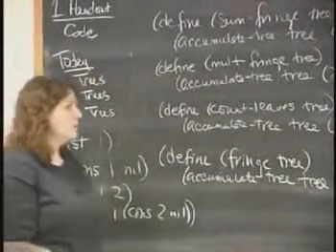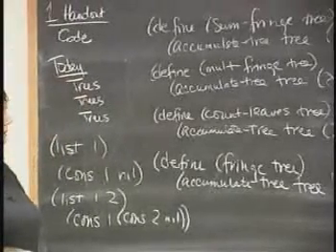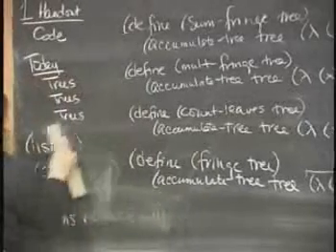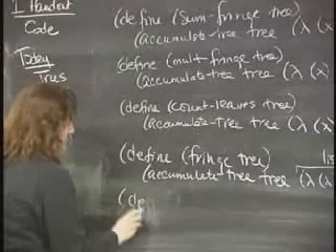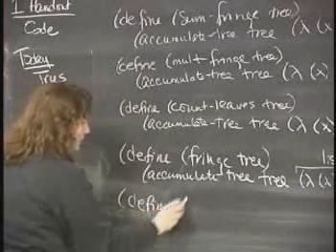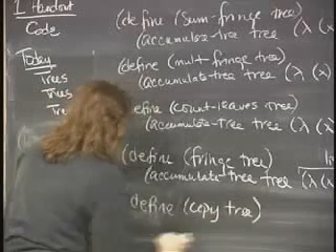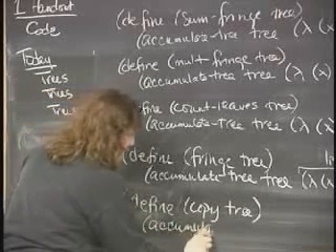Why could this not have been written with the term being lambda x x and the combiner being cons? Okay, let's actually write that, and let's see what happens if we do it that way. Let's define, I'm going to call this copy, and let's accumulate the tree.